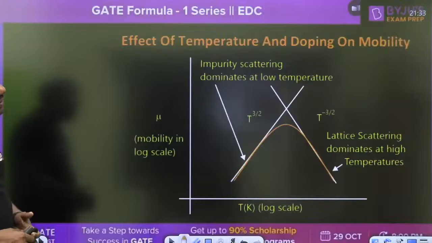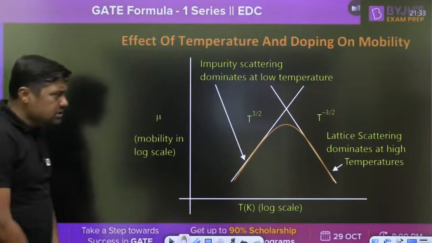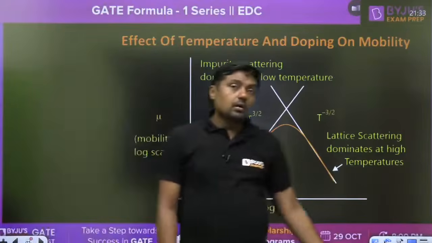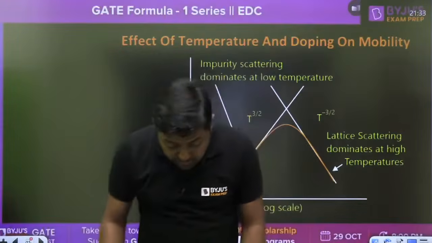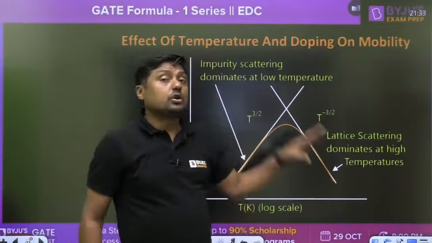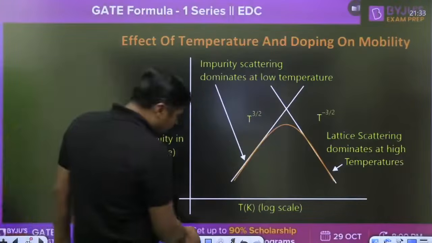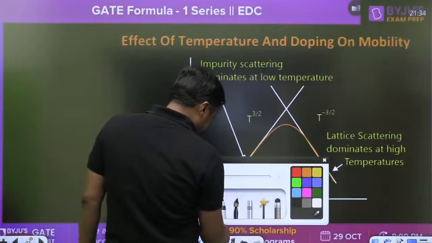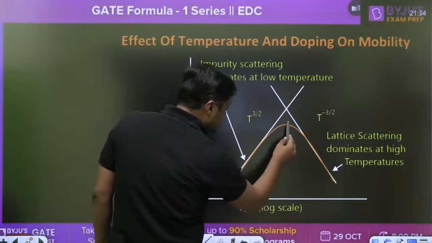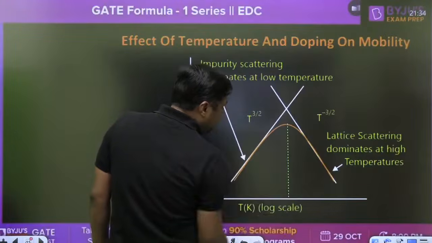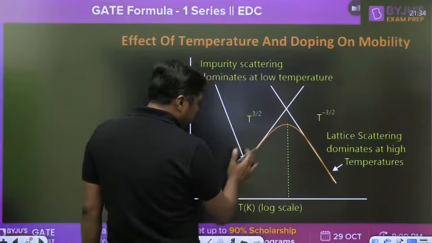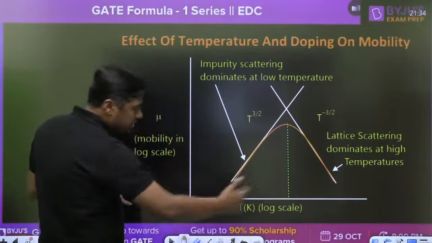Now, effect of temperature and doping. Watch this diagram carefully. In electronic devices and circuits, there will be a question on this. Now we have approximately one range here, around 100 degree Kelvin. Before this, it is a log scale.